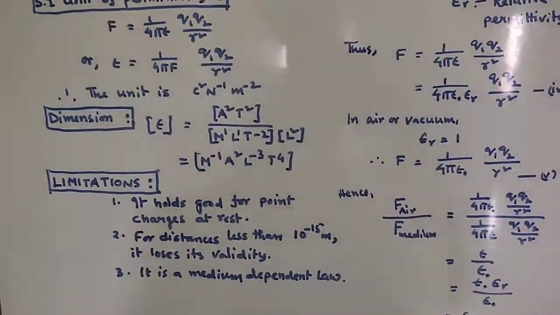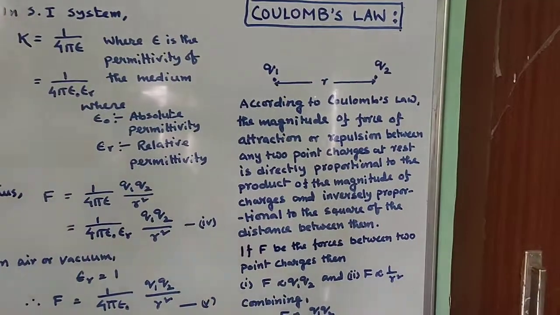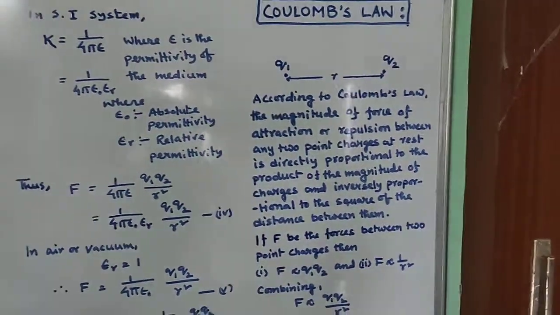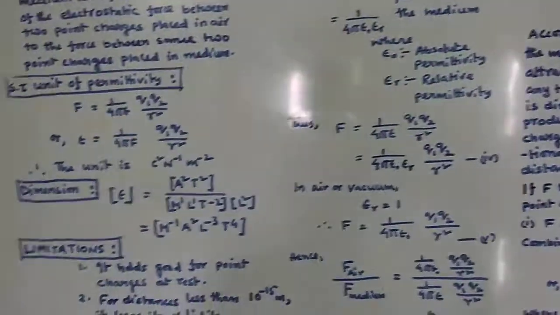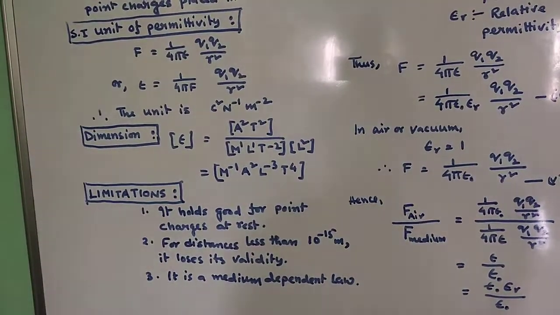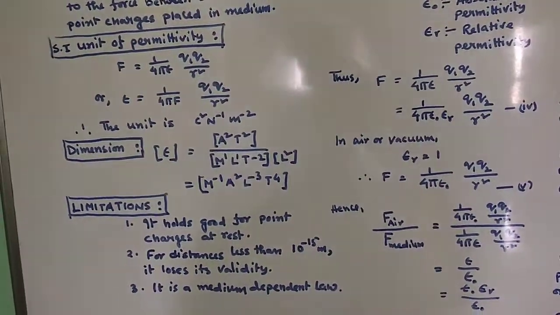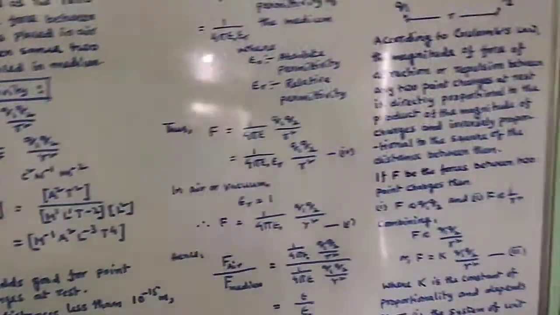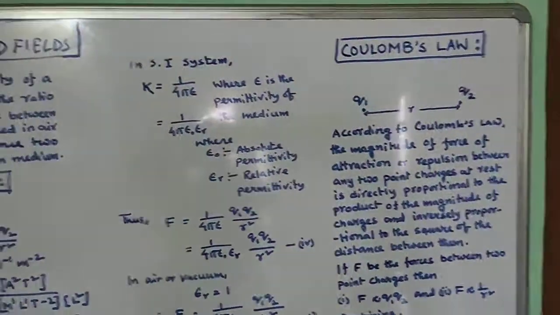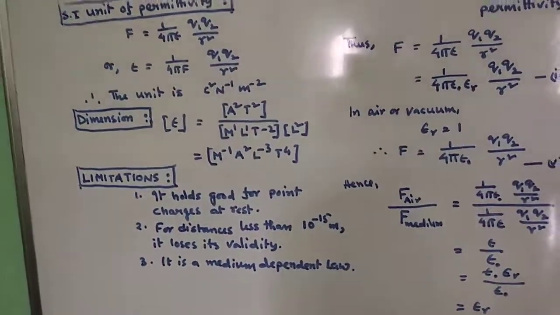Now regarding limitation, basically Coulomb's law is valid for point charges at rest. It is not valid for extended charge. So this is one limitation. So we have written it holds good for point charges at rest. And also for distances less than 10 to the minus 15 meter, it loses its validity. So if you consider the nucleus, the radius is very less than this value, 10 to the power minus 15 meter.